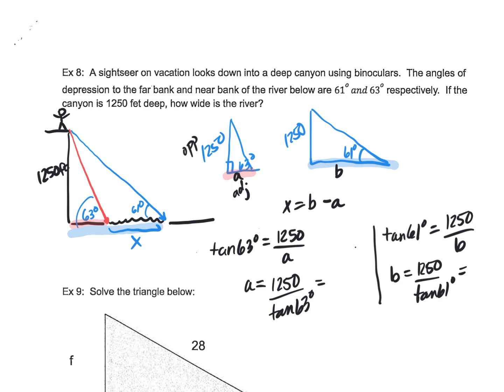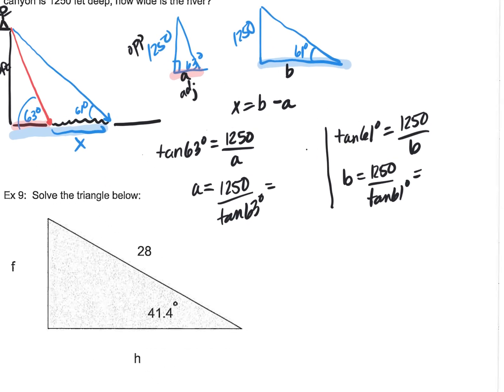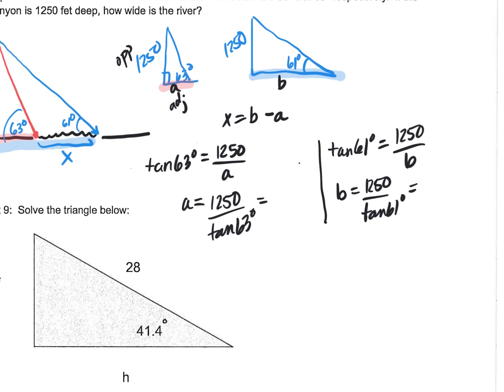So what is A? Okay, 636.9 feet. Can you then find B? 692 point what? 9?